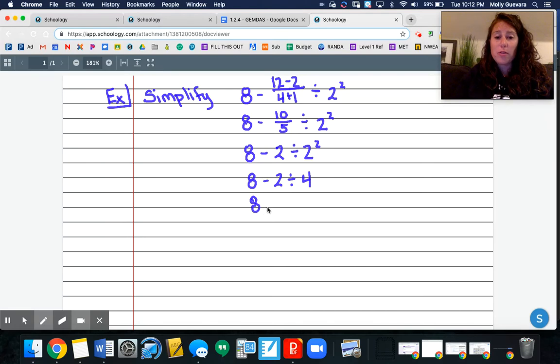Negative 2 divided by 4 is negative 1/2, which is negative 0.5. So I have 8 minus 0.5, which gets me 7.5.